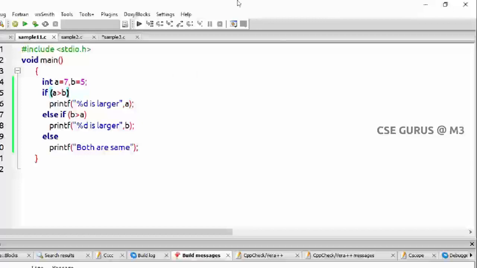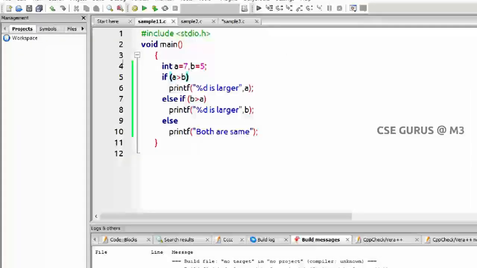Now if I write 7 here also, I think the answer will be that both are the same. 7 is not greater than 7, and the second value b is not greater than a, so it takes both are same. Now my question is, what if I write if of a?